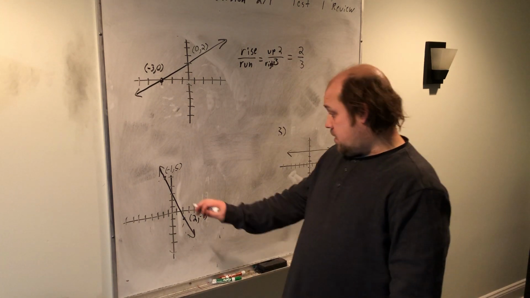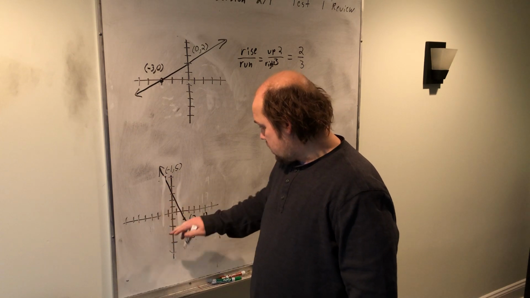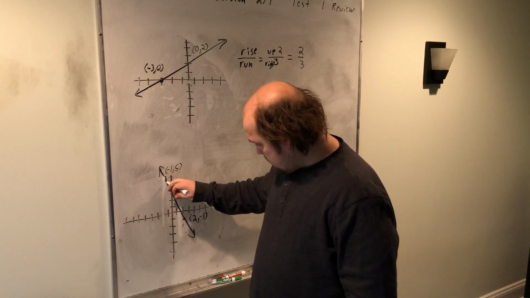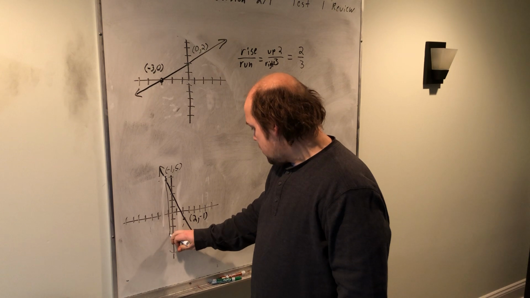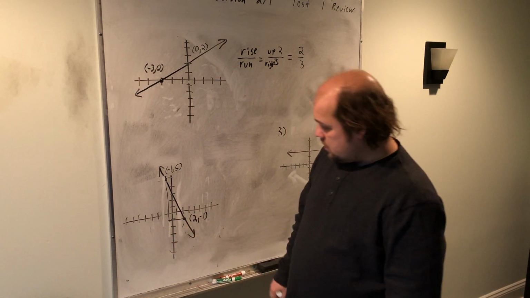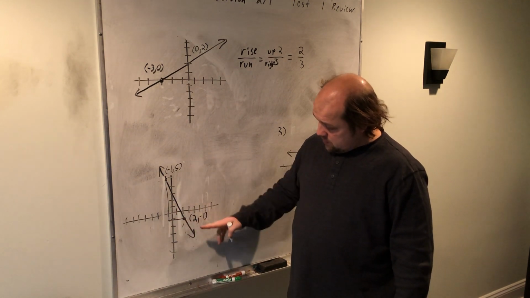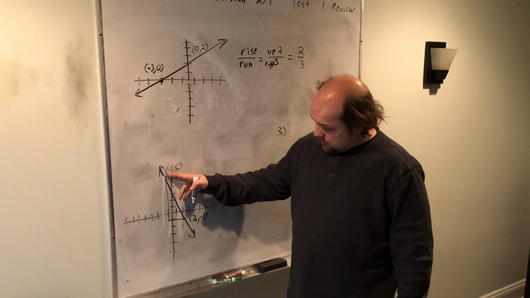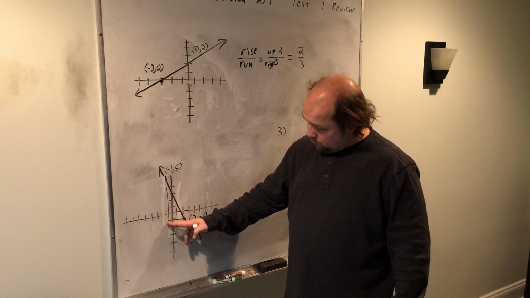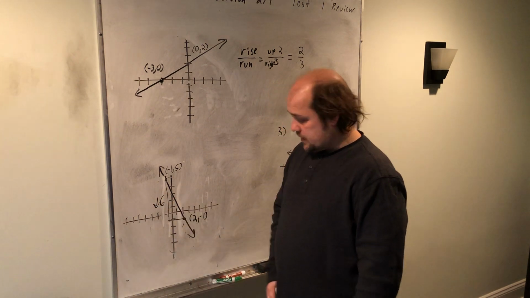So in order to get from here to here is what we're doing. The vertical distance that I go, going from a vertical height of 5 to a vertical height of -1. I go 5 to get to 0, then 1 more to get to -1. So this side goes down 6.